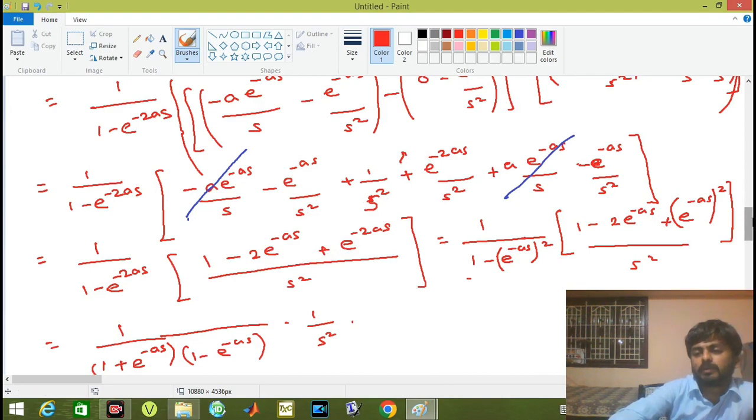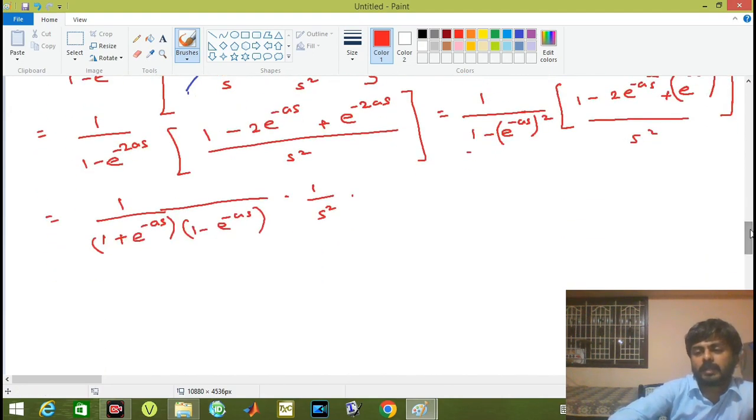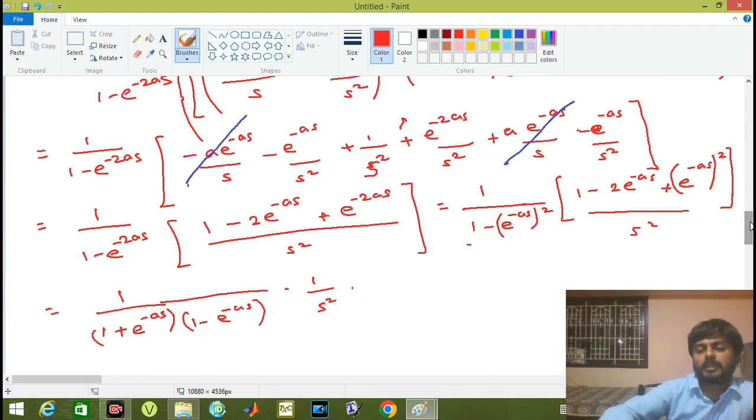Okay. So now this can be written as a square minus 2ab plus b square, which is a minus b whole square. So it is 1 minus e power minus as the whole square.